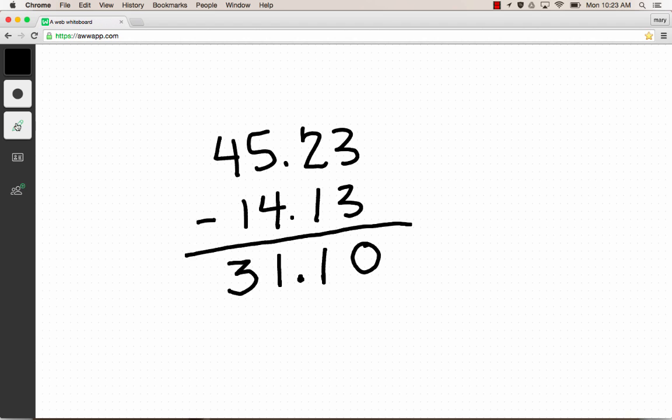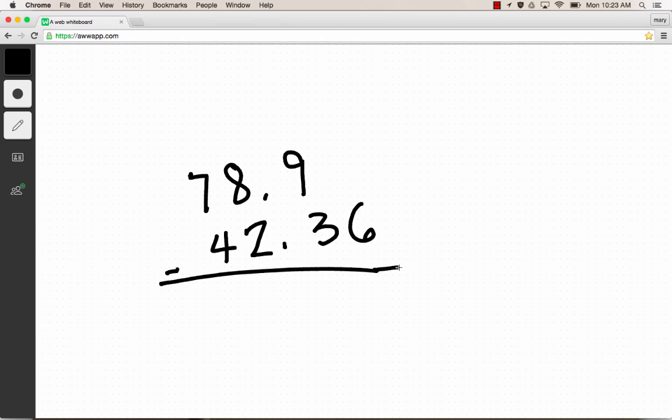And then our last one, I have 78.9 minus 42.36. Okay, here we cannot just bring this 6 down. Not going to happen. We've got to go up here and annex a 0 because we need to borrow. So I'm going to do my normal subtraction that we've learned a long time ago.